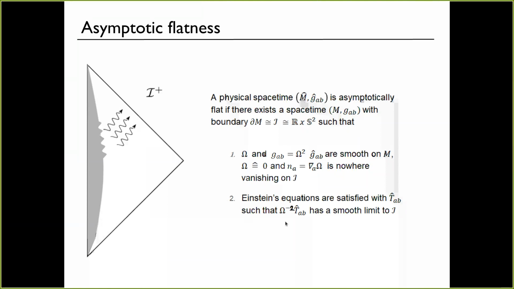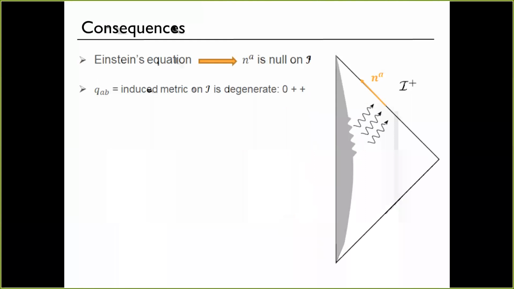Now this definition is quite minimal, right? I'm always surprised how minimalistic it is, but it buys you a tremendous amount. So for instance, if you just look at Einstein's equations, you find almost directly that as a consequence of these quite minimal assumptions, the normal vector to scri is null.